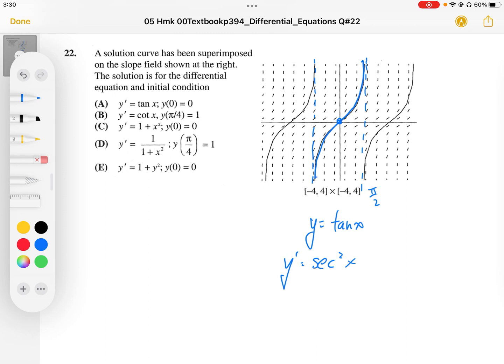So to be able to solve this, what we could do is use an identity. There's an identity that says that secant squared x is equal to 1 plus tan squared x.